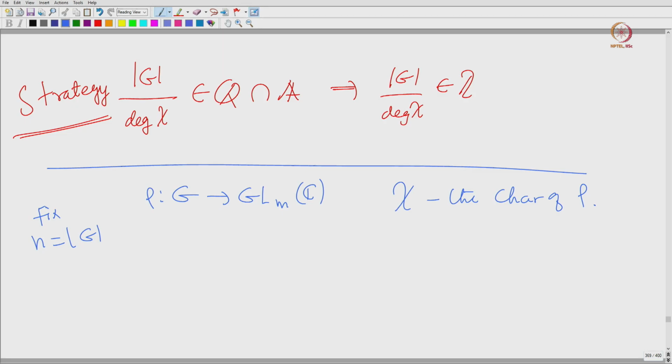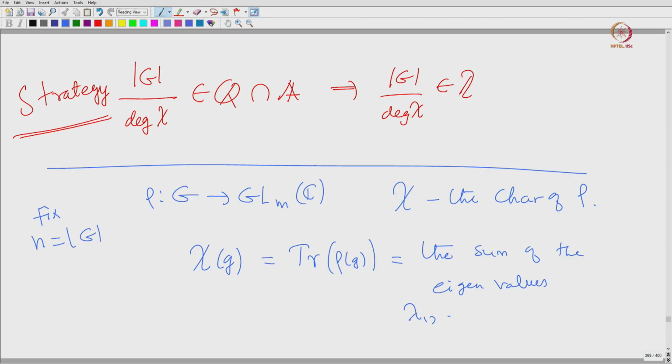Whenever we look at the value chi of g, this is nothing but the trace of rho of g, which is the sum of the eigenvalues lambda 1 through lambda m of rho of g, counted with multiplicity. Why is this true?